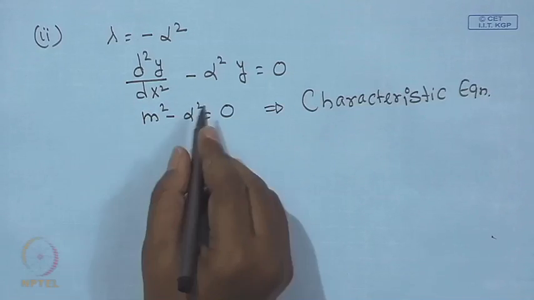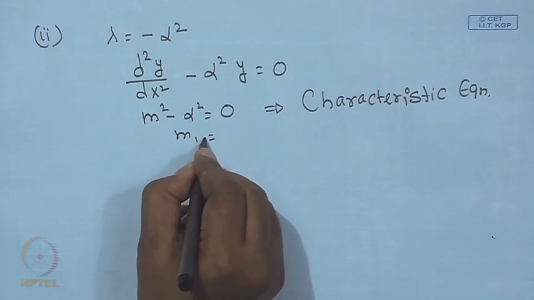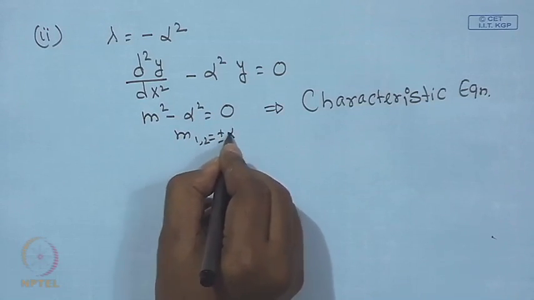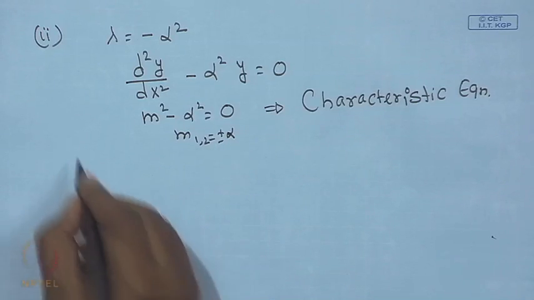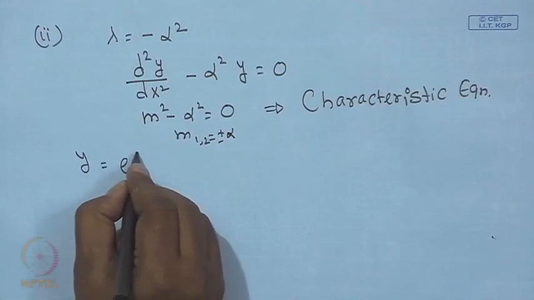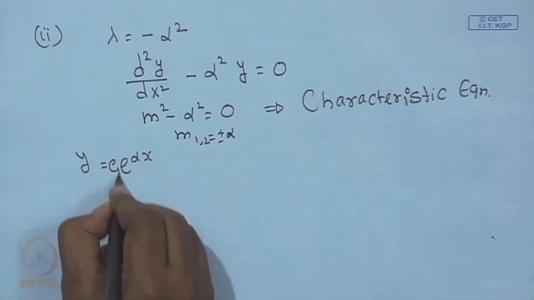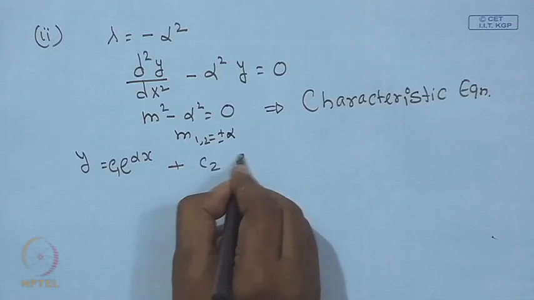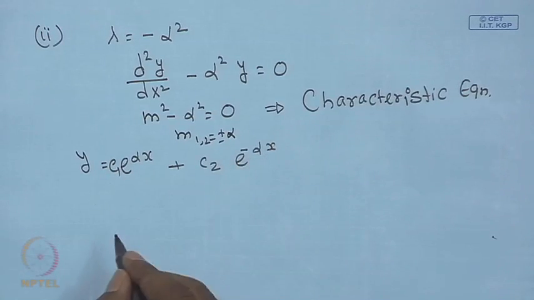So, the solution will be composed of y is equal to C 1 e to the power alpha x plus C 2 e to the power minus alpha x.